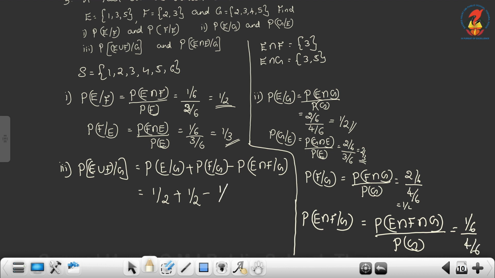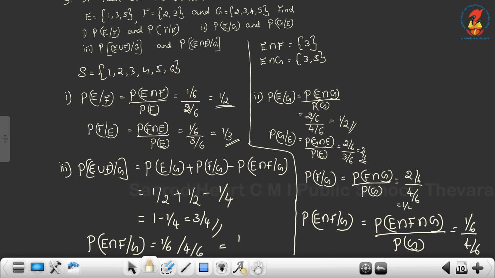So it is 1 by 4. So 1 minus 1 by 4, that's equal to 3 by 4. Okay. Now the second part of the third question. What is P of E intersection F given G? That is E intersection F intersection G by P of G. That is 1 by 6 out of 4 by 6. That's equal to 1 by 4. Okay.